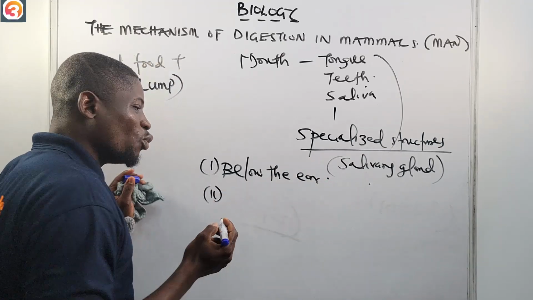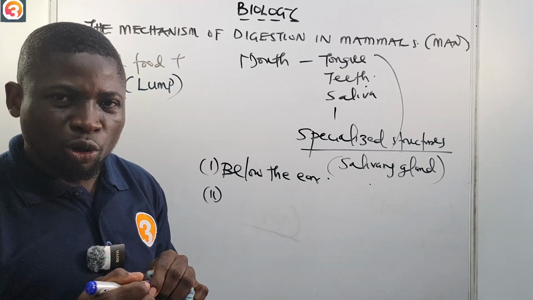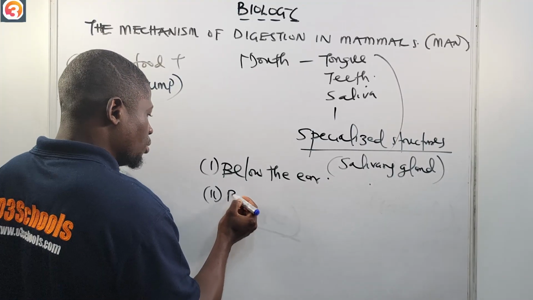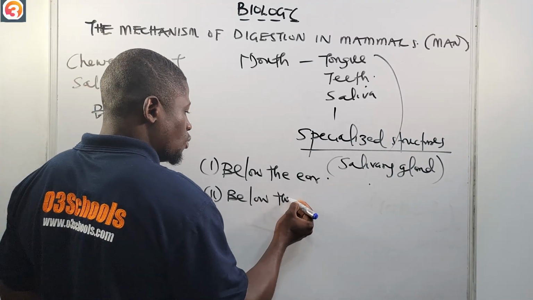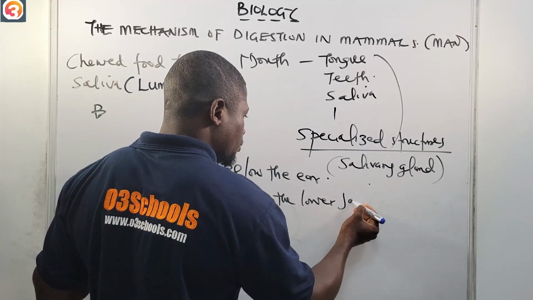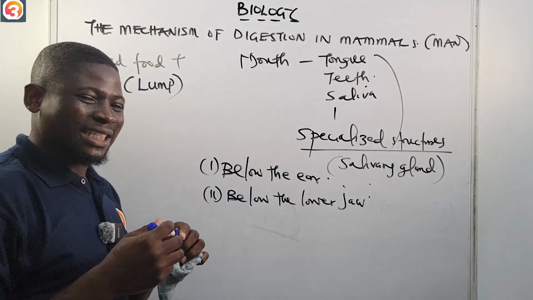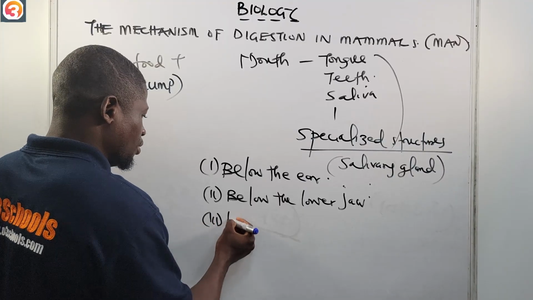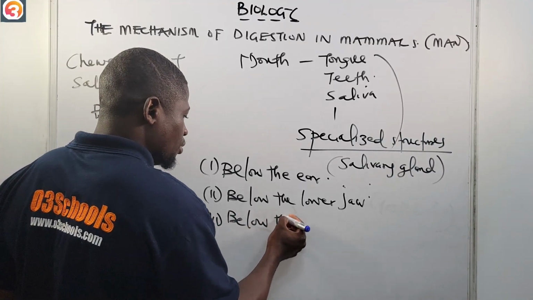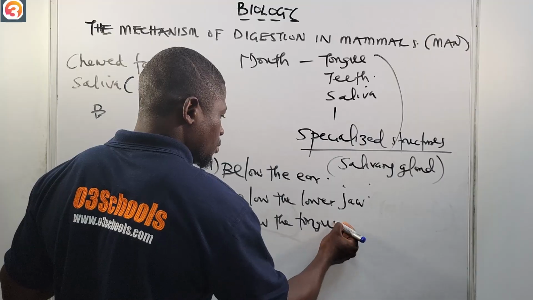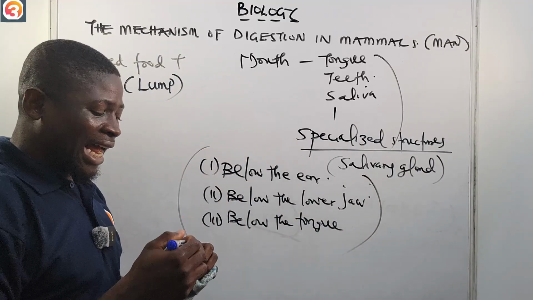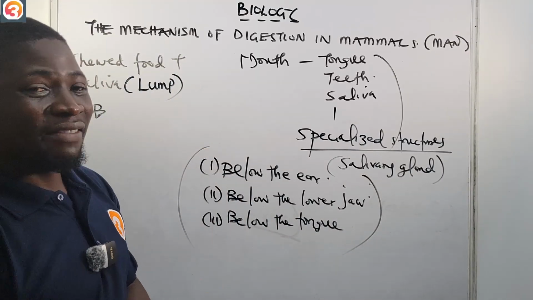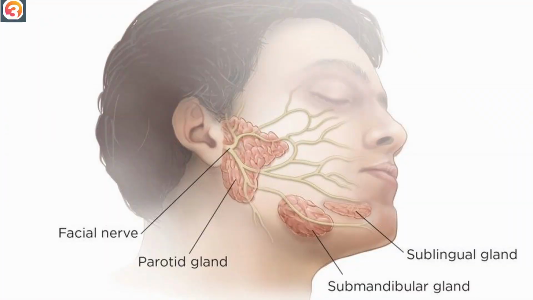Also there's one below the lower jaw, and there's another salivary gland below the tongue. So we have about 3 pairs of salivary glands in the mouth: one below the ear, one in the lower jaw, and one below the tongue.